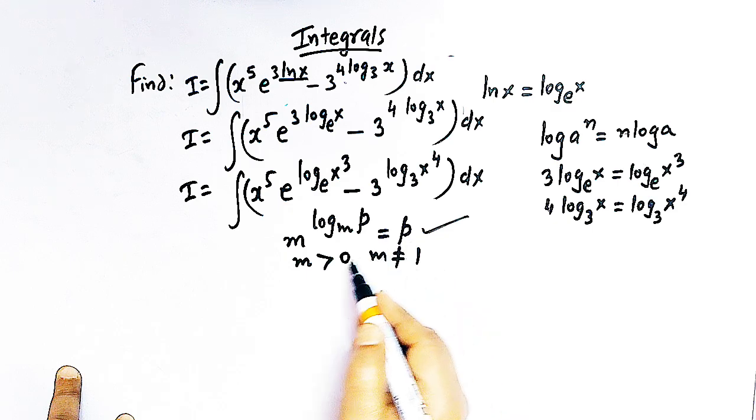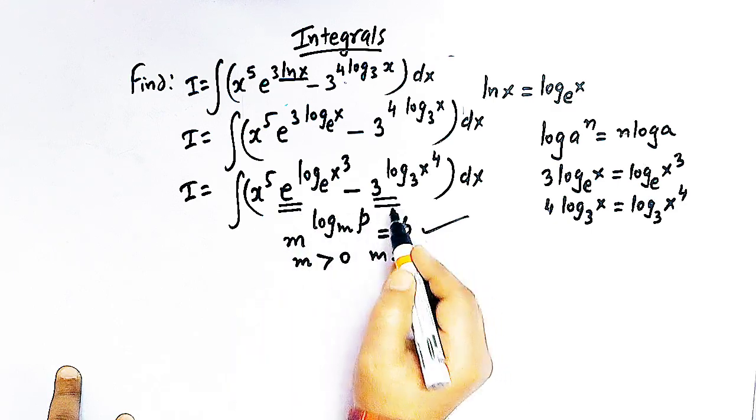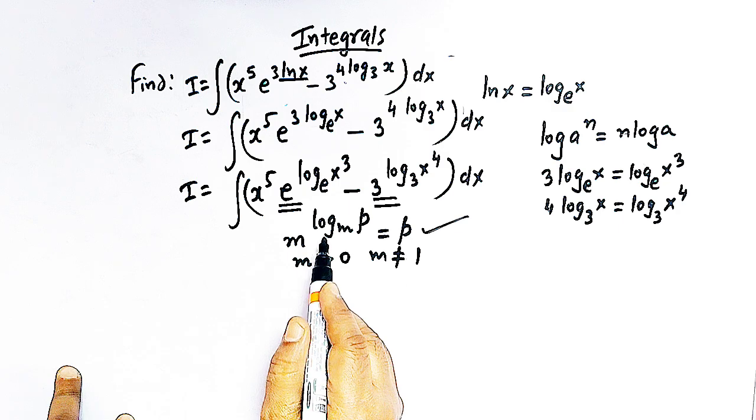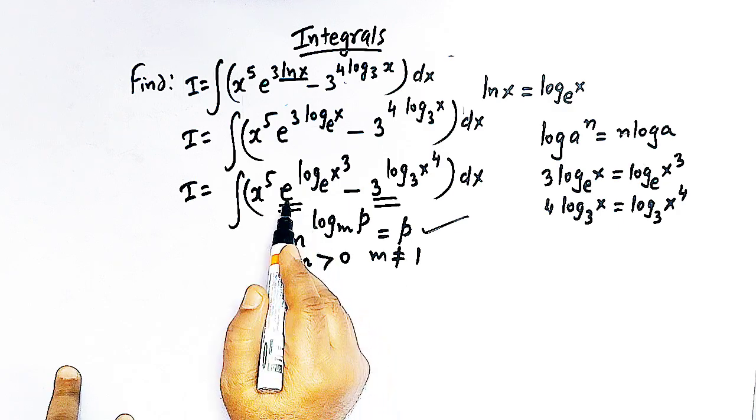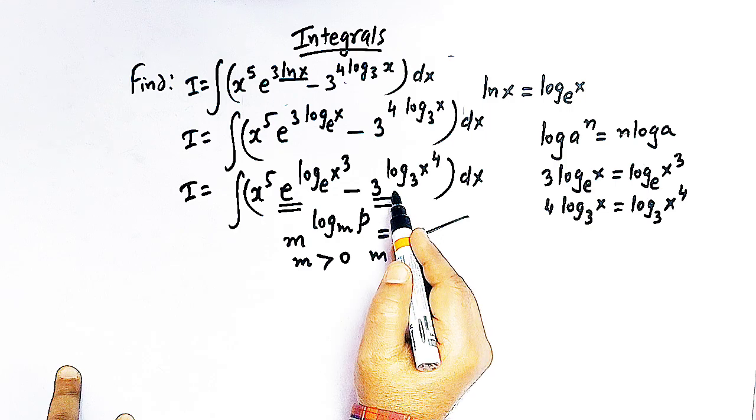So this property is going to be used to simplify this term and this term. So let us first apply this property to this term, and then we'll apply this property to this term.